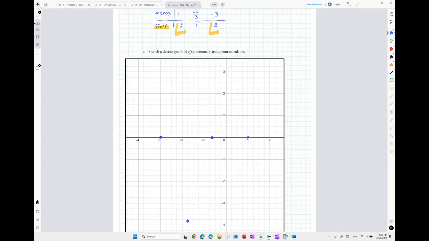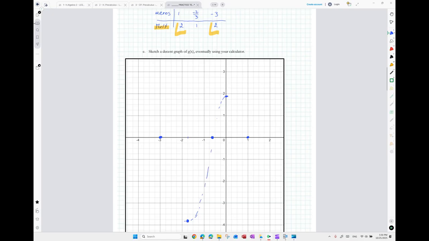So it's going to be enough. So the y-intercept is 1.8. So I had that here. That's going to be enough in that particular case to graph something decent.